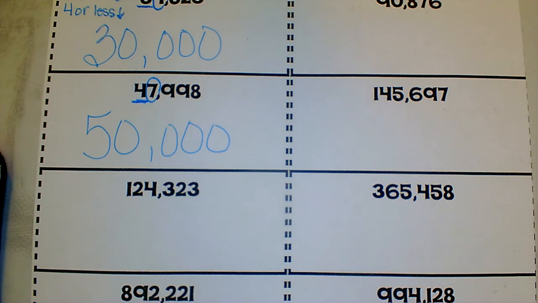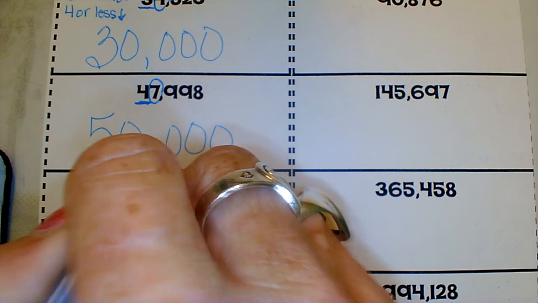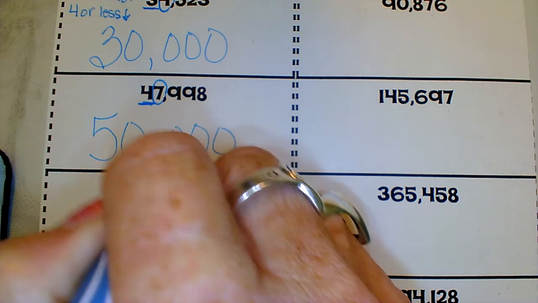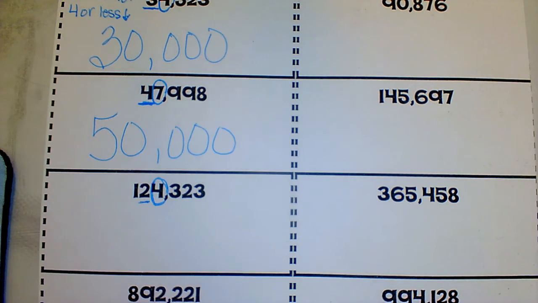Okay, now we have a larger number. 124,323. Which number is in the 10,000s place that we are going to underline, Abby? The 2. Very good. Brian, what number will we circle? The 4. Candace, what is the 4 telling us to do with the 2?